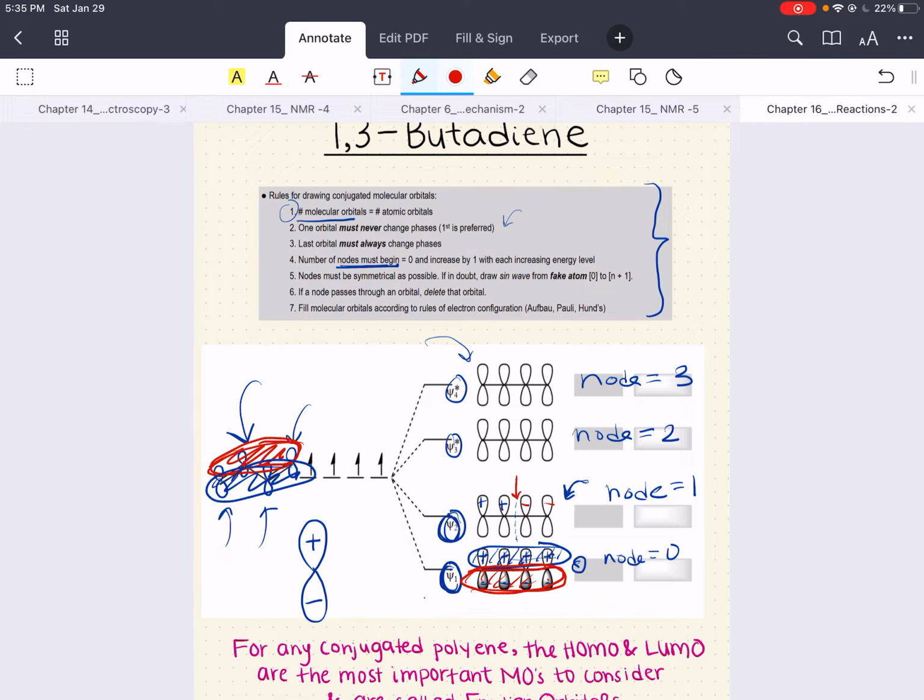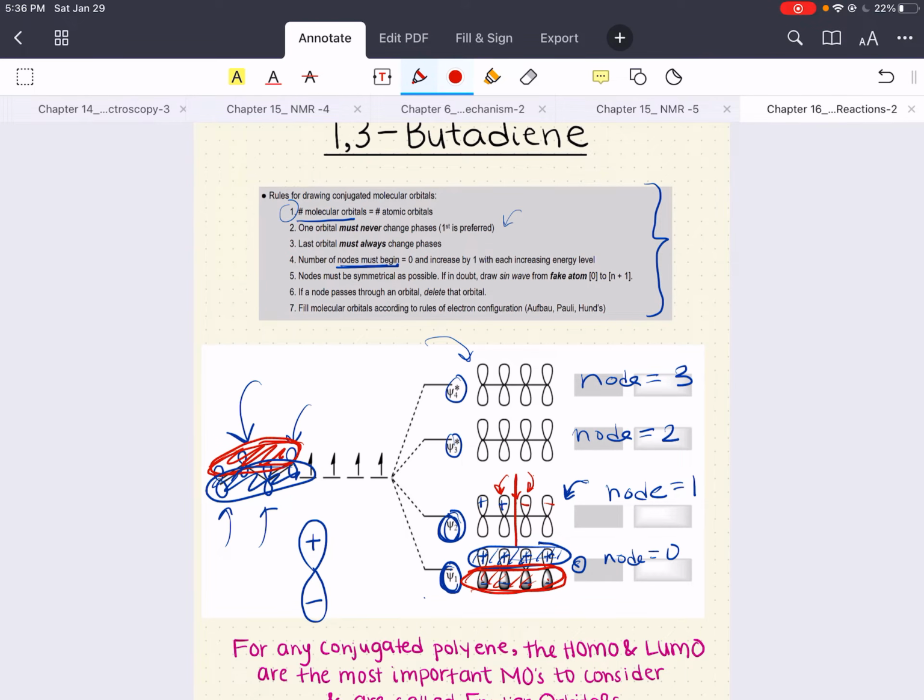There's a discontinuity right there. This change between one positive phase and a different phase completely forms a node, and that's exactly what we need for MO number 2. We need to introduce 1 node, and that's how we do it.